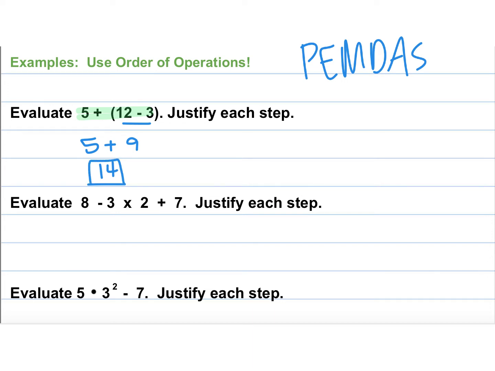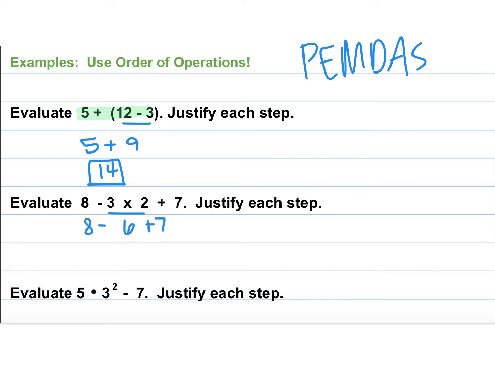Next one, again, just write down the original problem, and then we are going to use order of operations to solve it. So it's 8 minus 3 times 2 plus 7. We don't have any parentheses. We don't have any exponents. So then we are on to multiplication. We're going to do 3 times 2 first, which is 6. Carry down the rest of the problem.